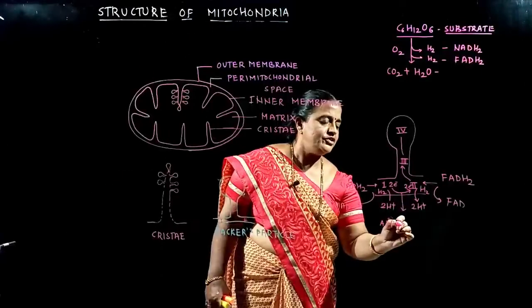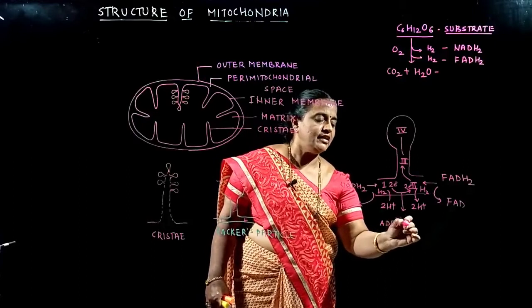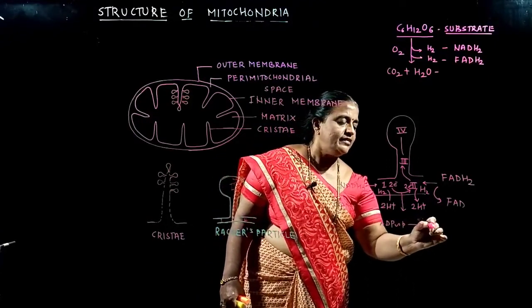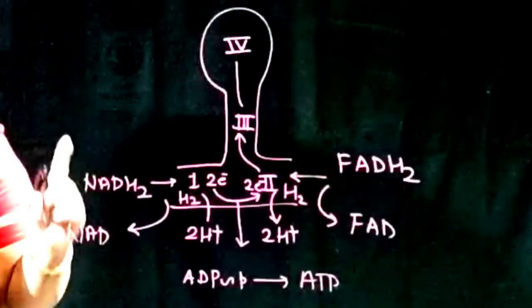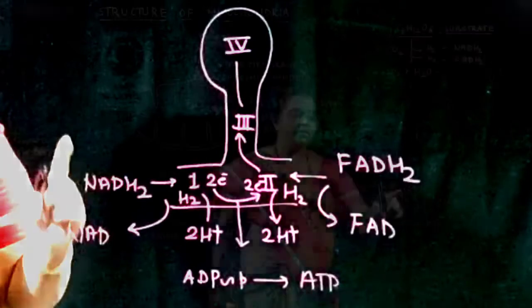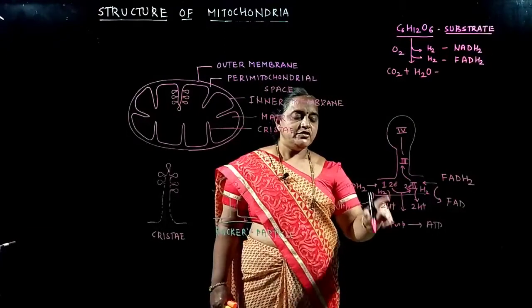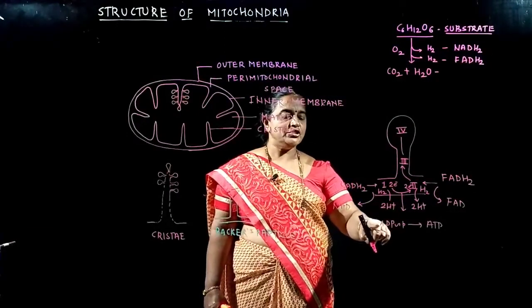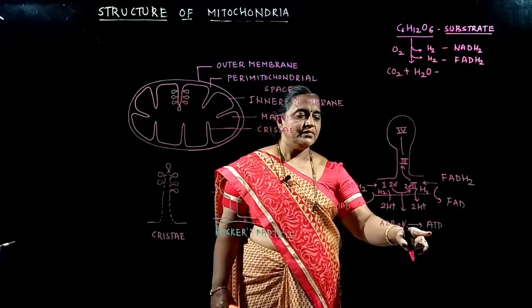It stores that energy in this bond by reacting with another phosphate and generates ATP. So a pair of electrons transferred from complex 1 to 2 liberates energy which is used for phosphorylation of ADP to ATP.